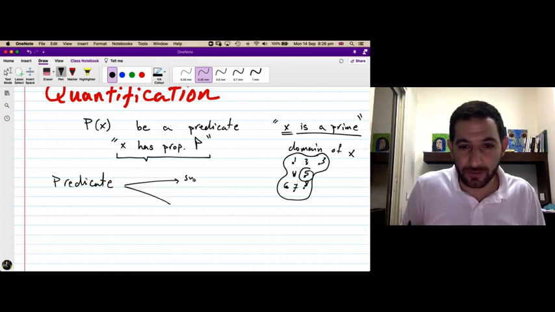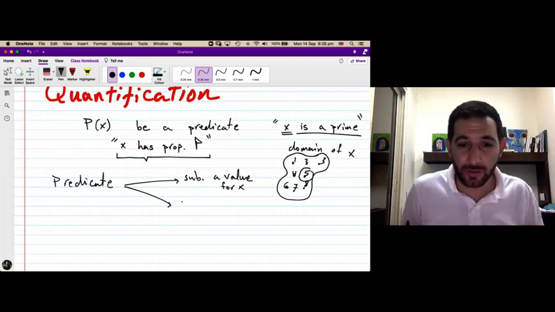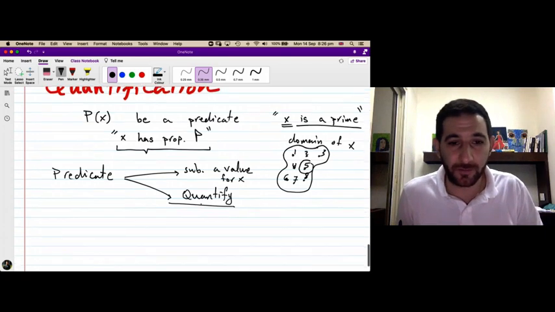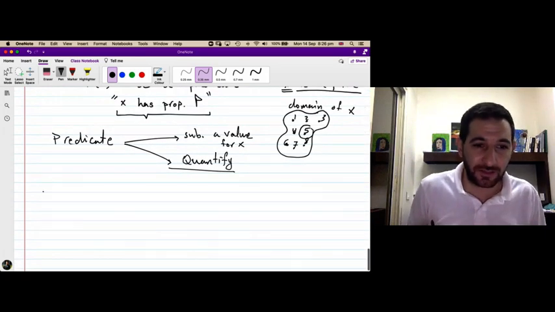Either substitute a value for the variable, so if you substitute a value for X, it will become a proposition, or quantify the predicate. And this is what we want to explain today, how we quantify predicates. The first method of quantification is called universal quantification.